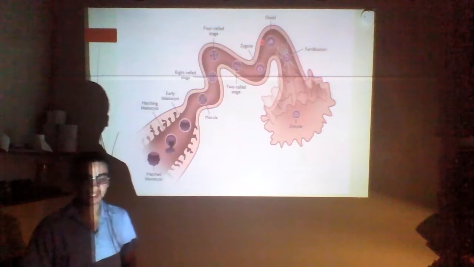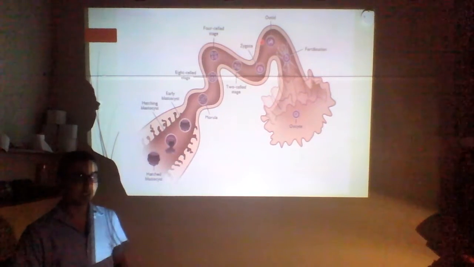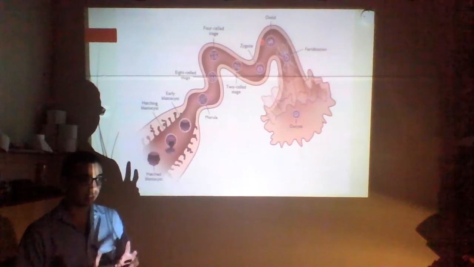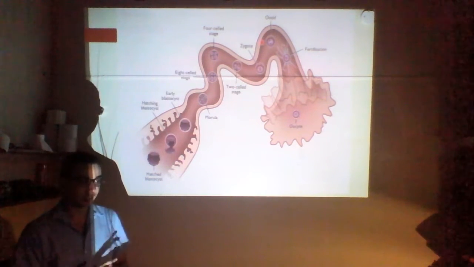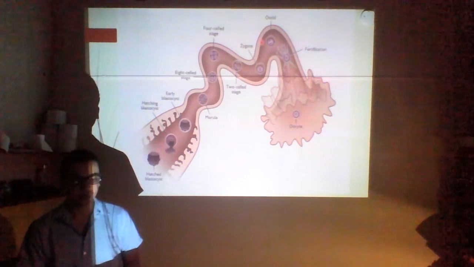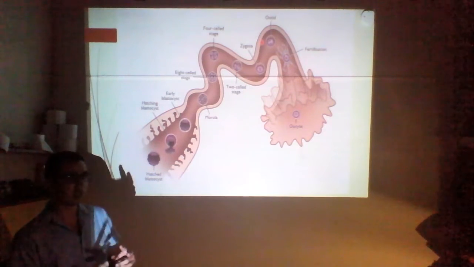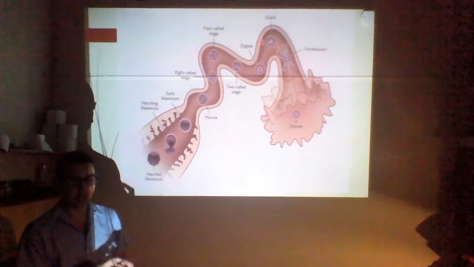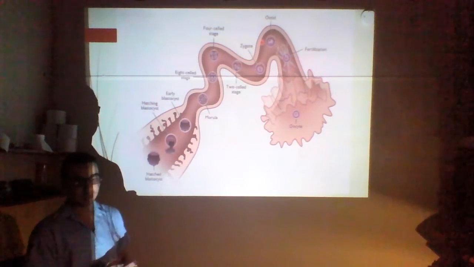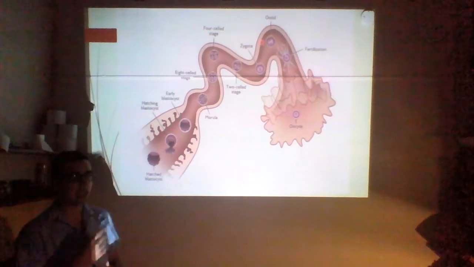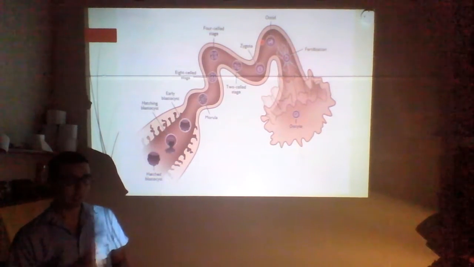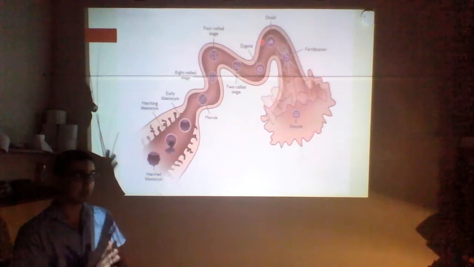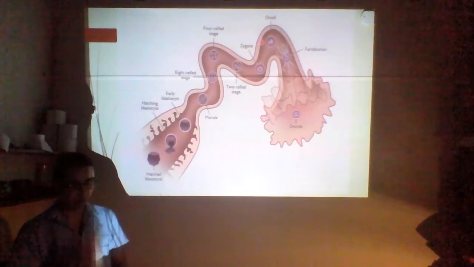Then we have the two nuclei, of the spermatozoon and the oocyte. The two nuclei fuse, and then we have the zygote, which starts to multiply, and then we have the two-cell stage, and it continues multiplying until we have a morula.